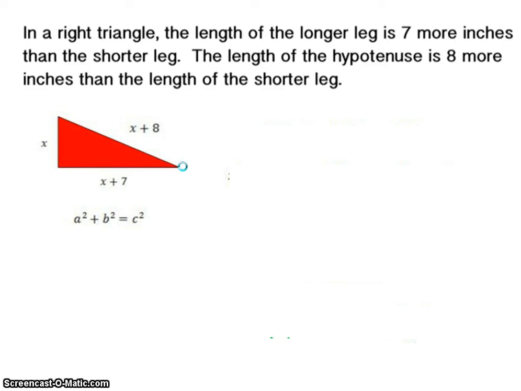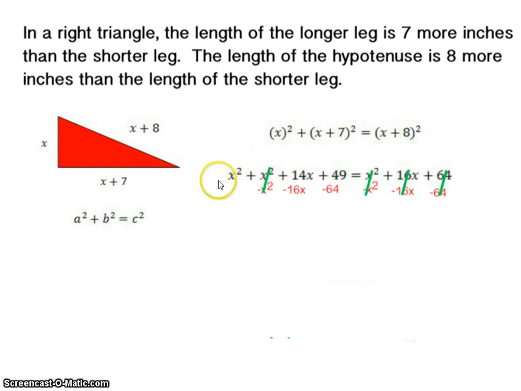All right, now that I've done that, that gives me a clue of how to solve this problem. I'm going to arbitrarily select x as A, x plus 7 as B, and x plus 8 as C. Now that means I have to FOIL out x plus 7, and x plus 8 squared. So I'm going to do that in this next step.